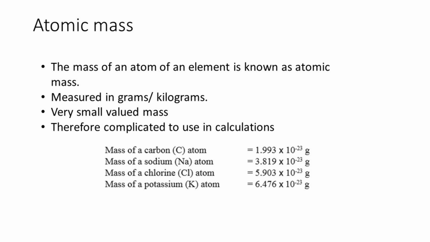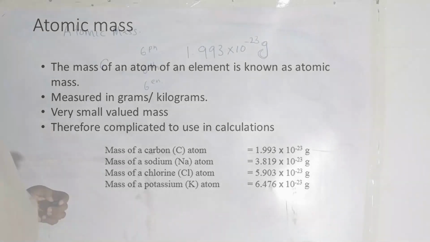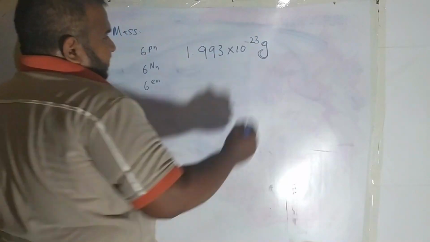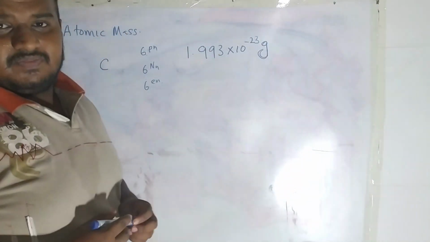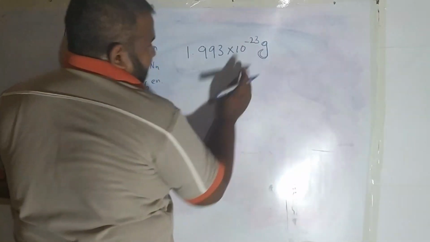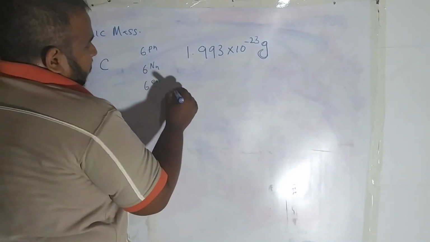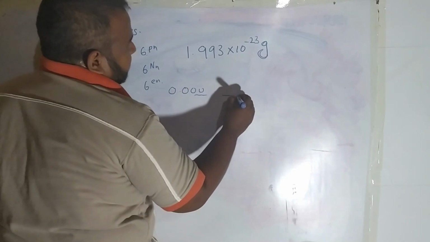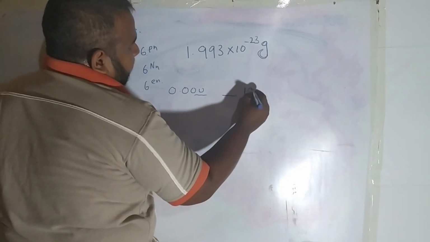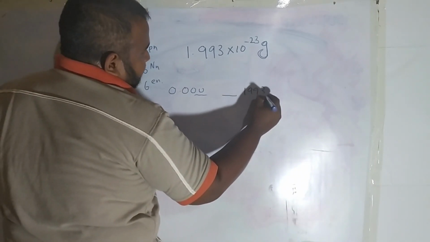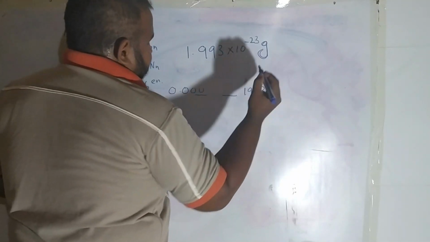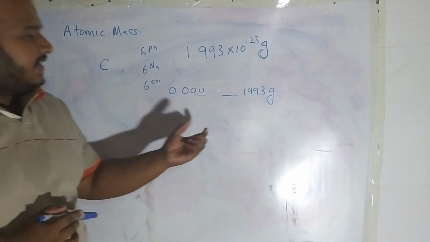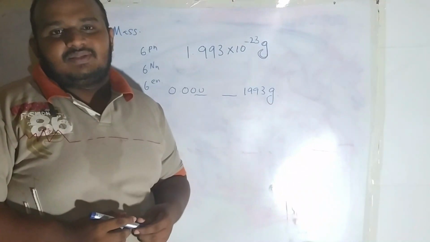Once you see this index, you shouldn't think that it is a large value. Here it is minus, so it is going to be 0.0000 continuous zeros and then 1993 grams. So it is a very small value.